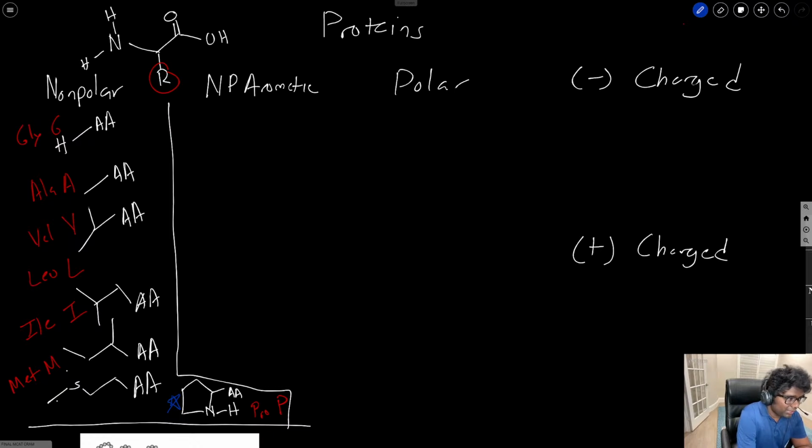It's what causes the alpha helices to be helices. It causes the beta sheets to start pleating like this. It prevents it from forming a straight line, basically. Know that for the MCAT, they like testing that. If I could draw 1,000 stars around that, I definitely would, but I'll just draw one just so you guys can get that through your head.